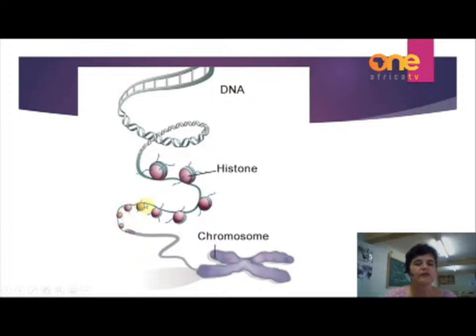You know, if I do not want my thread or my wool to get all knotted up, I will use something to roll it on. So these histones are proteins that are used to roll this thread around so that it is not getting a big confusion.